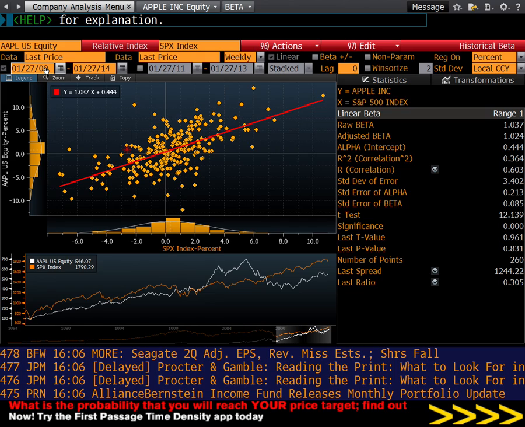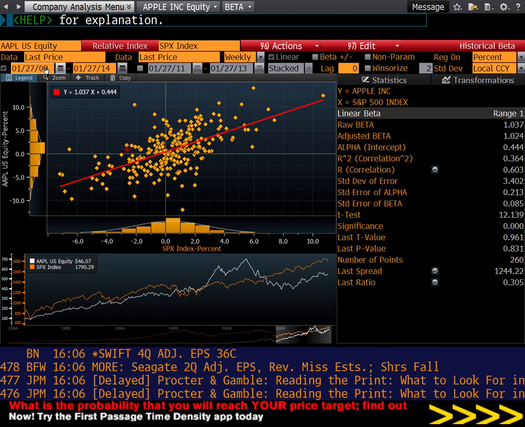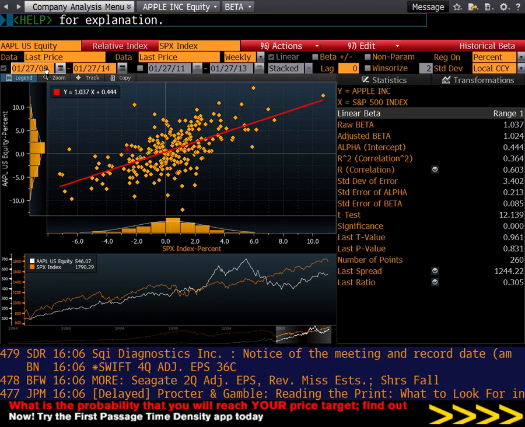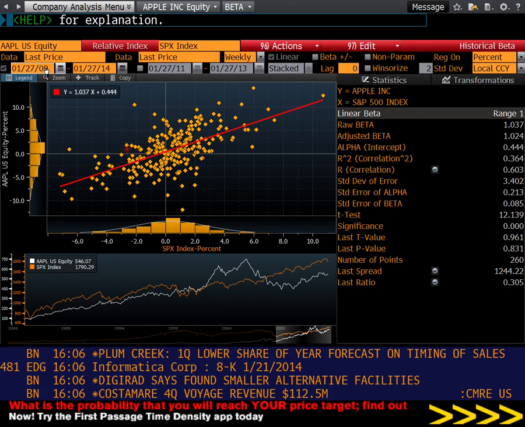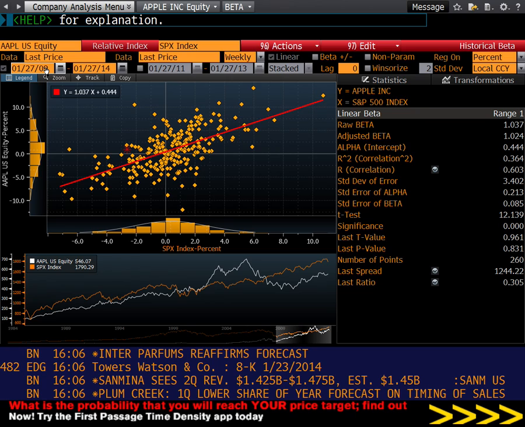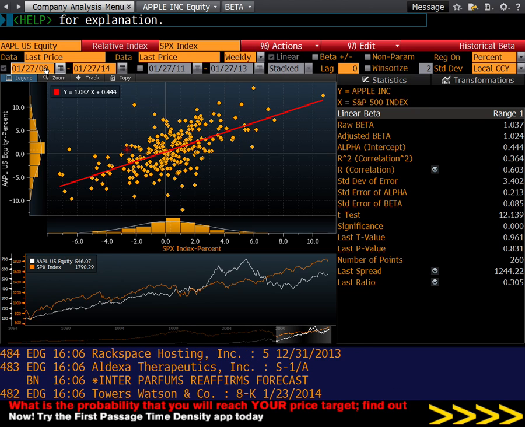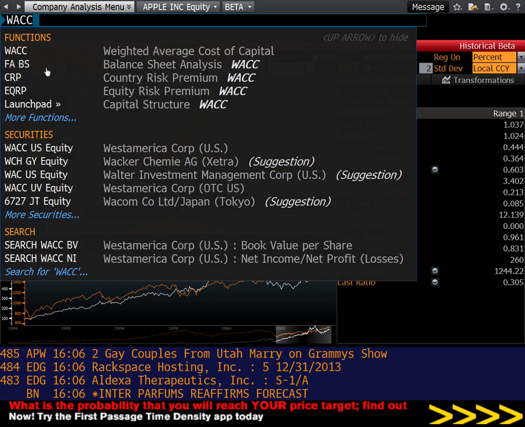So again, what makes this data service so powerful and so expensive is that it allows me to use the same things the academics would do using real-world data, and it does it for me all in real time. For example, weighted average cost of capital, WACC.